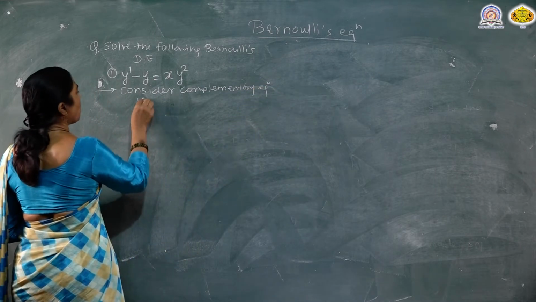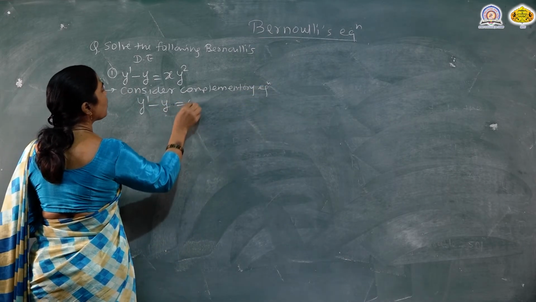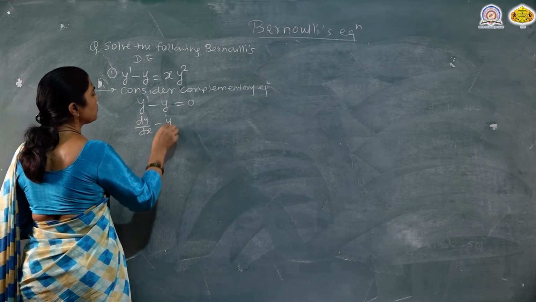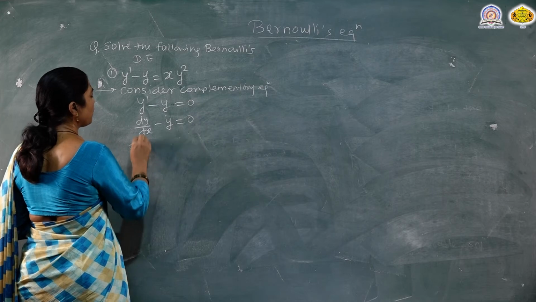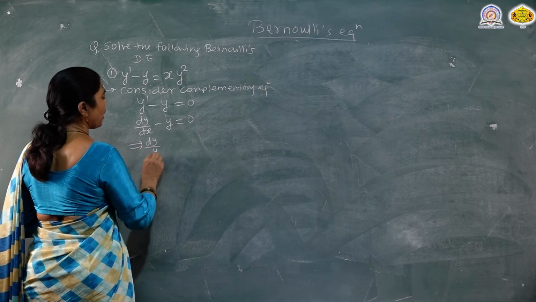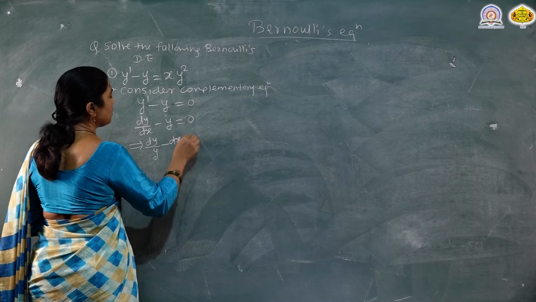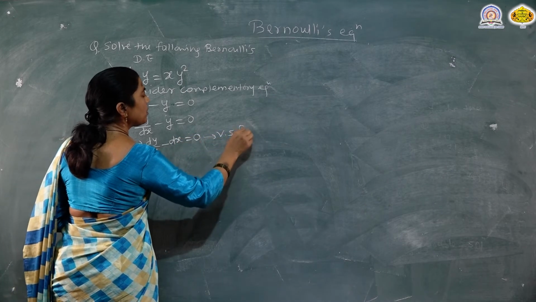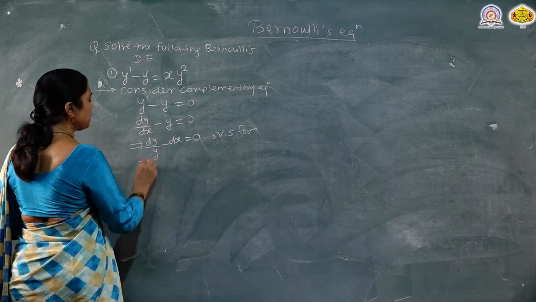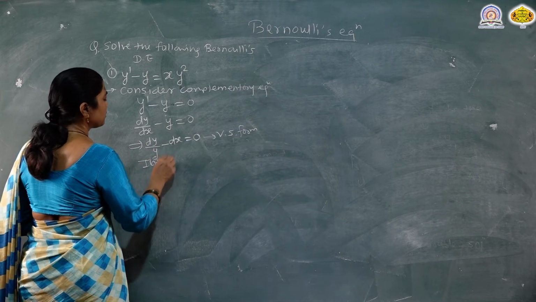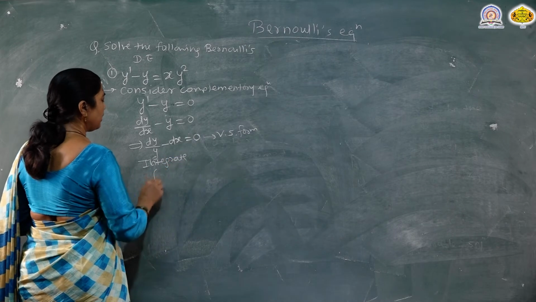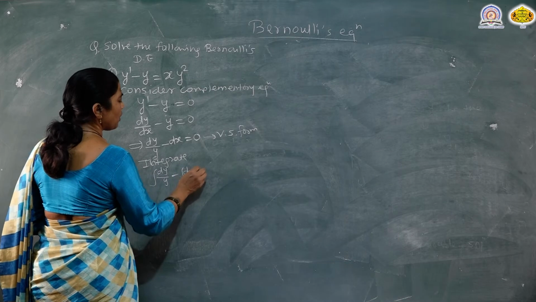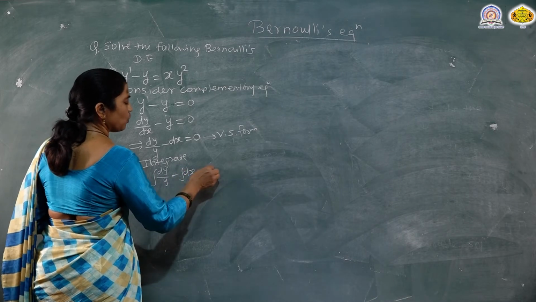That is y' - y = 0, that is dy/dx - y = 0, or we can write dy/y - dx = 0. This is variable separable form, and once we get variable separable form, integrate this. We get the integral of dy/y minus the integral of dx equal to 0.